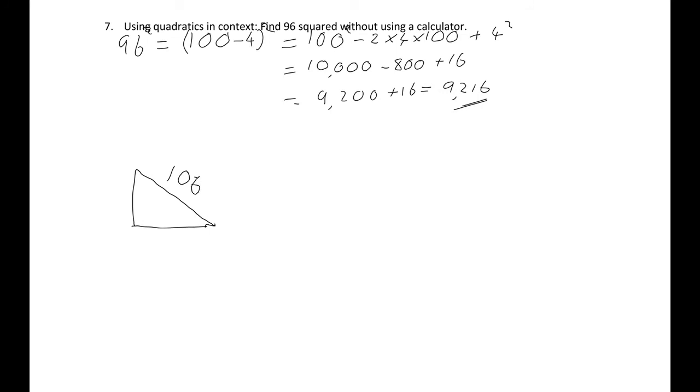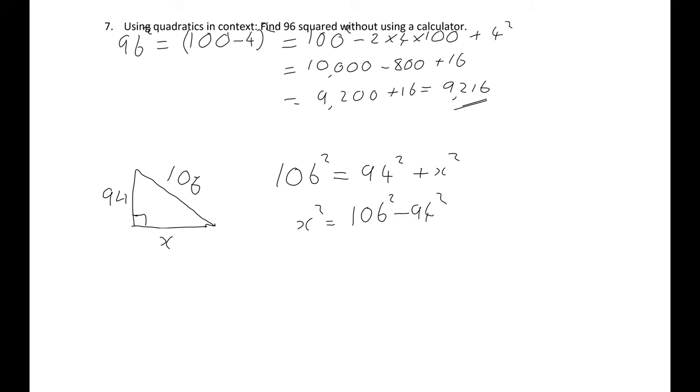I can say that is 94, and that's x, and it's a right angle triangle, and I can say find x without using a calculator. This feels horrible. What we know is you have 106 squared equals 94 squared plus x squared. So x squared equals 106 squared minus 94 squared.